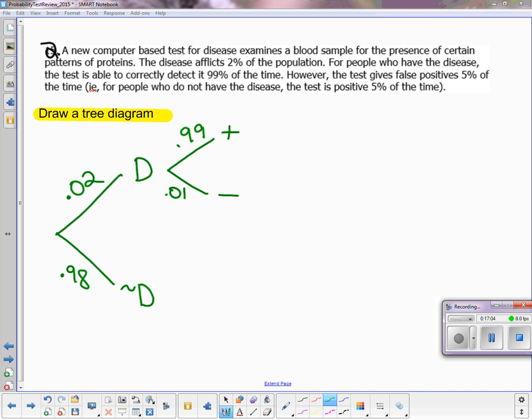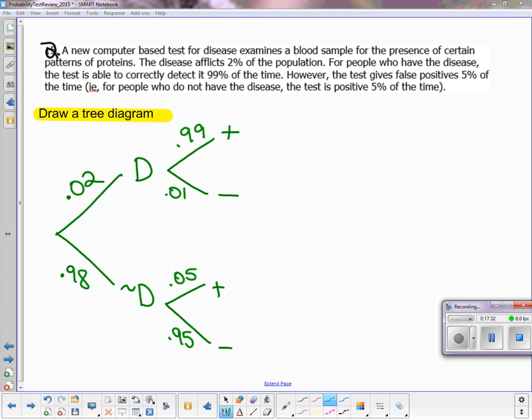We'll keep reading, and it says, however, the test gives false positives. So false positives means that I actually get a positive when I don't have the disease. That's what a false positive means. 5% of the time, which means that it correctly diagnoses you as not having the disease, what percent? 0.95 of the time.